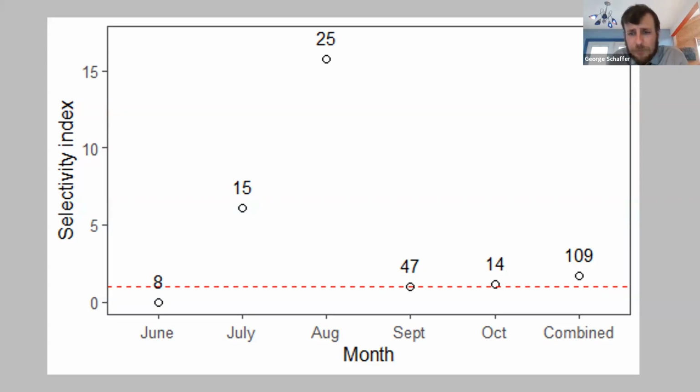And in September and October, we see more of a neutral selection for the high quality habitat. We think this is most likely due to the large amounts of high quality habitat available, coupled with the potential that active tracking data could bump fish to move to different habitat types.